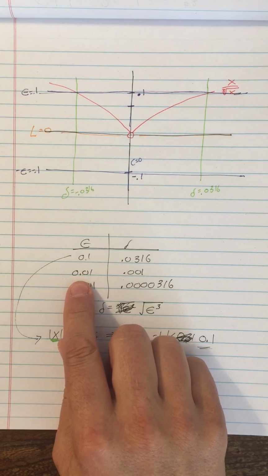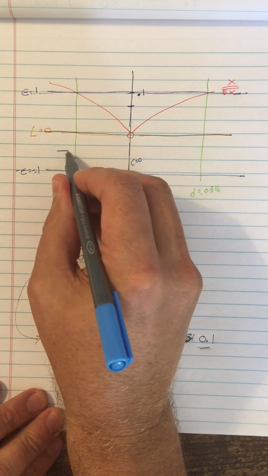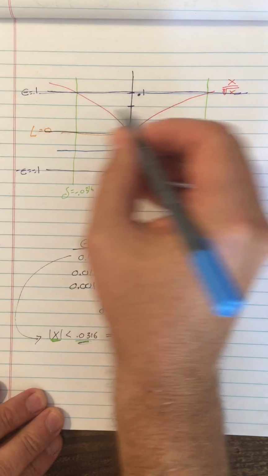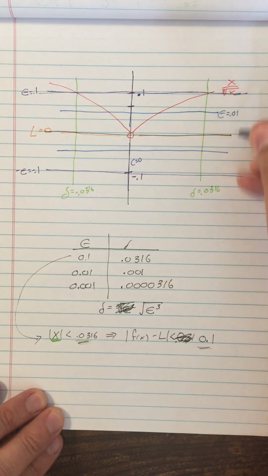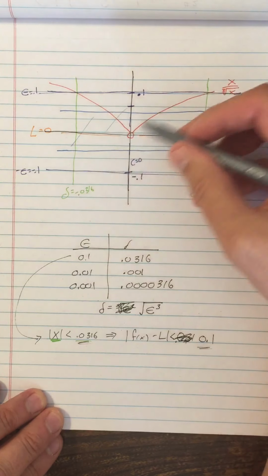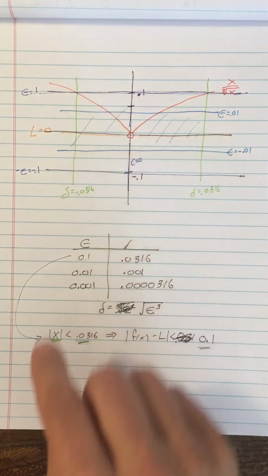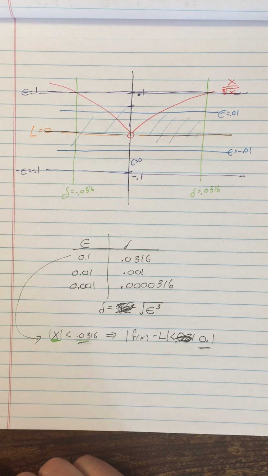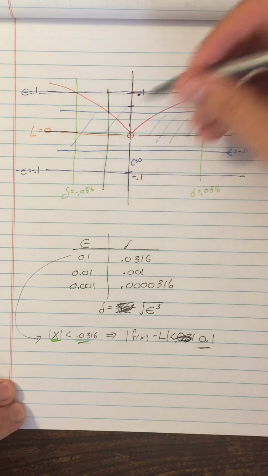So what happens when we go to epsilon equals 0.01? I'm going to cheat a little bit with the scaling and say that 0.01 is here. Of course, it actually would be tighter in. So here's an epsilon band of 0.01, epsilon equals 0.01, epsilon equals negative 0.01. So now what I'm doing is saying, if I took a smaller epsilon band, could I still get all the red points to land in that epsilon band? The answer is yes. All I have to do is take a smaller delta band. So I take the delta to be here to here.